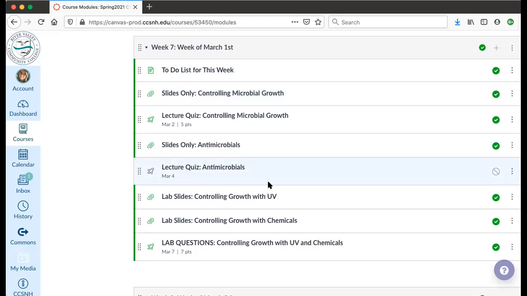We use things like heat, ultraviolet light, pressure, all kinds of things. And then, of course, we also use chemical things. We use disinfectants and all kinds of chemical agents. And we even use drugs, right? We use drugs to control the growth of microbes in our bodies, antibiotics and such. So that'll be coming up next week.